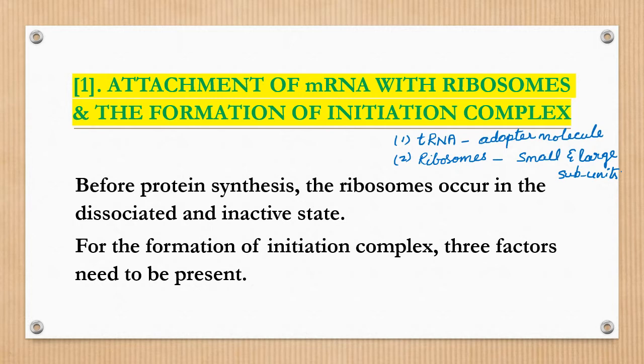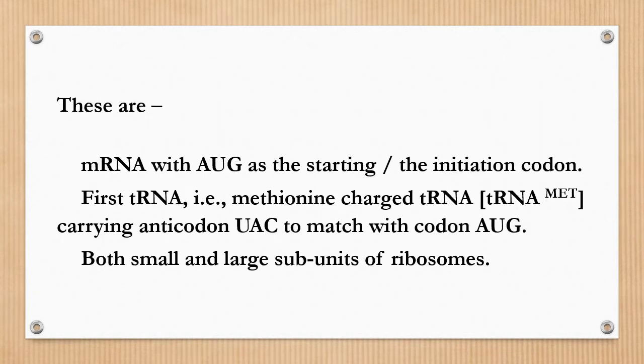For the formation of the initiation complex, three factors need to be present. Let's see what these three factors are. One, mRNA with the AUG codon as the starting or initiation codon.